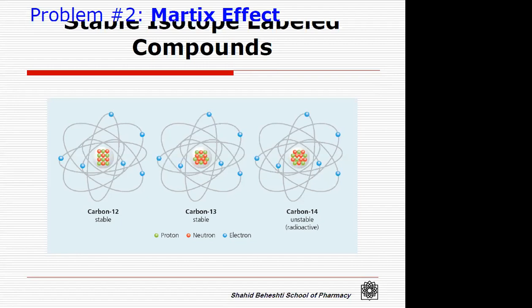They have the same physical and chemical properties, and they are not different in their chemical and physical behaviors. They are just different in their atomic weight, and they could be discriminated and differentiated from each other by mass spectrometry. Next slide, please.